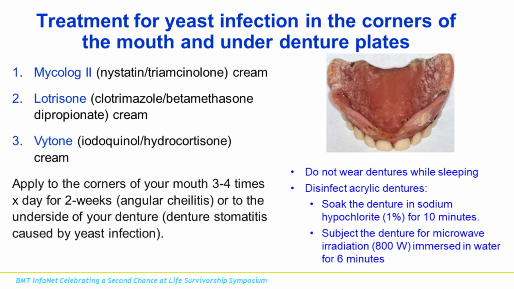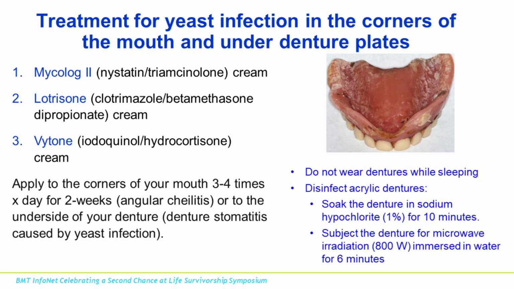But if you have an acrylic, this pink one, there are two ways you can do it. You can use household bleach at 1%. Usually it's 10%, and you dilute 1 to 10. You put your denture in that for 10 minutes, and you take an old toothbrush and scrape your dentures clean, and then let the denture sit in running water for about 2-3 minutes to get rid of all the Clorox, and that will kill everything that grows on the back of the dentures.